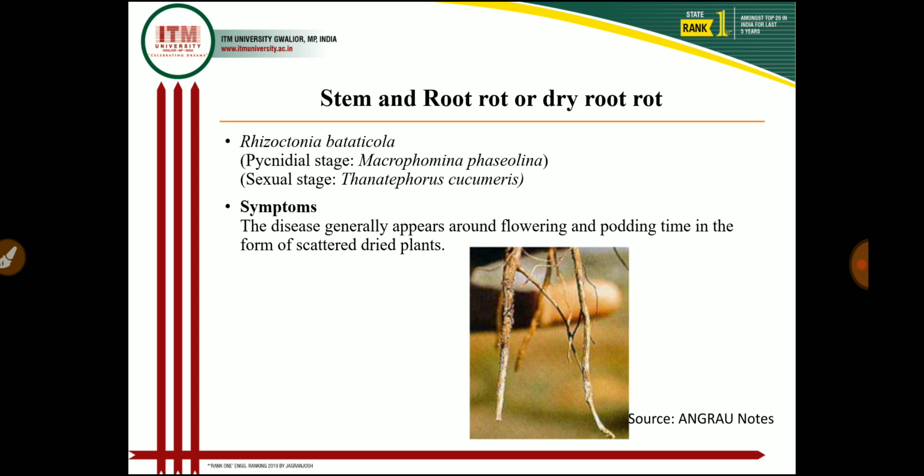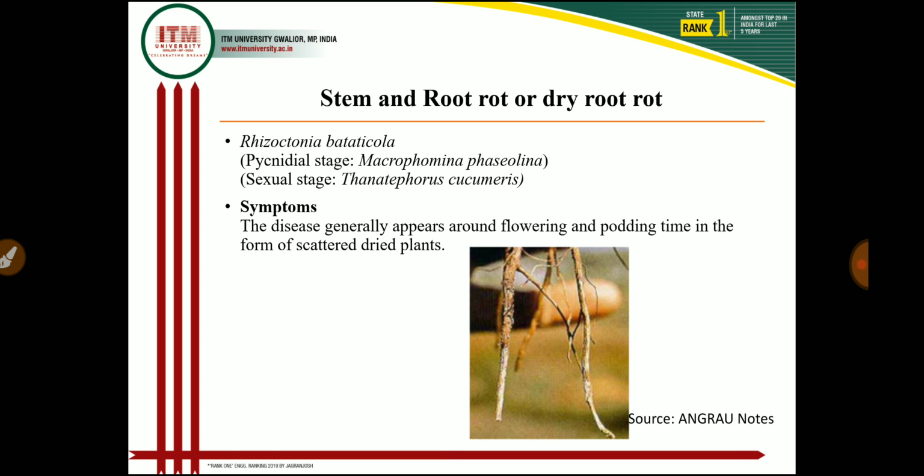The lower portion of the taproot usually remains in the soil when plants are uprooted. The taproot is dark, showing symptoms of root rotting, and is devoid of most of the lateral and finer roots. Dark minute sclerotial bodies we can also see in the root, and these sclerotial bodies are exposed in the wood.